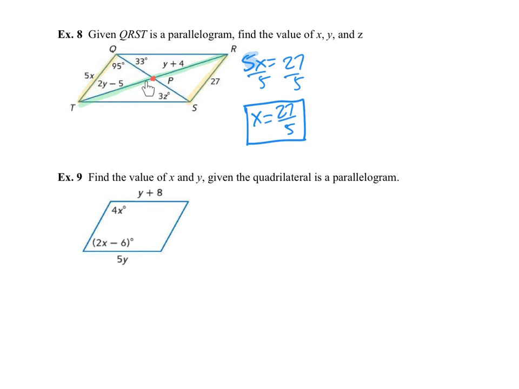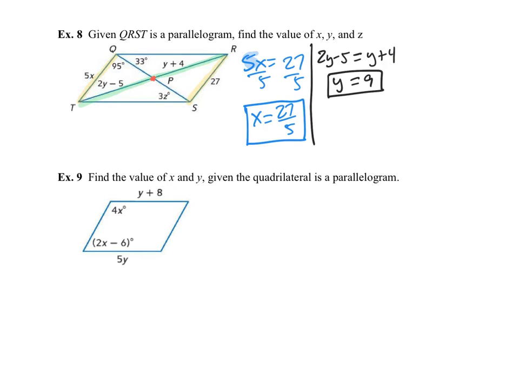So I can say that 2y minus 5 is equal to y plus 4. So solving for y, I'm going to subtract a y from both sides and add 5 to both sides. We get that y is equal to 9.